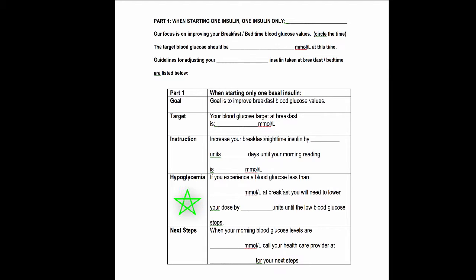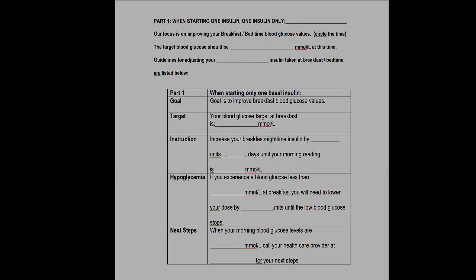If you experience a blood glucose less than, so that's when you're looking for the hypoglycemia, at breakfast, you will need to lower your dose by however many units. So if you do 1 or 2 until the low blood glucose stops. Then the next step, when your morning blood glucose levels are at whatever you've set the target to be, have them call their healthcare provider, and that's when you want to write your phone number in for next steps.